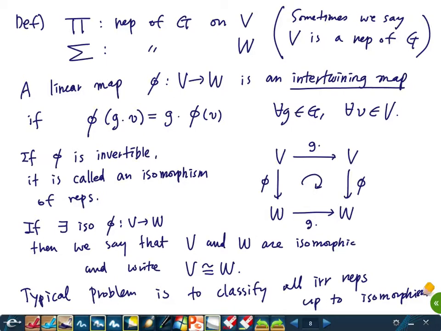That's one typical problem. Oh yeah, I didn't mention this, but of course, it's the same for representations of Lie algebras. We can talk about intertwining maps between Lie algebra representations, and two representations are isomorphic in exactly the same way.